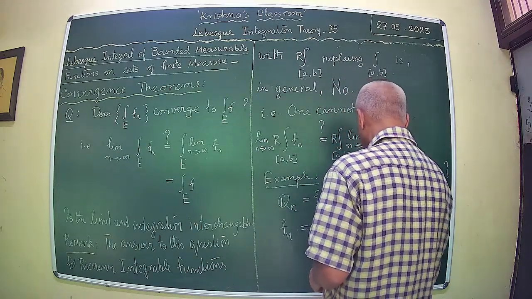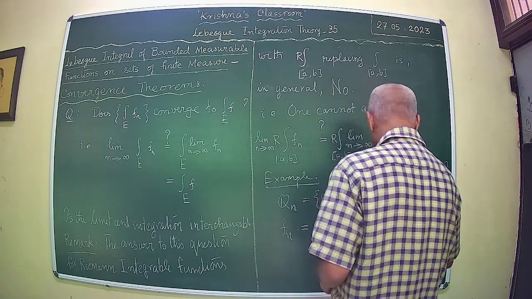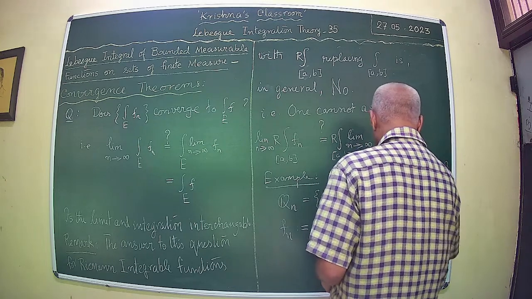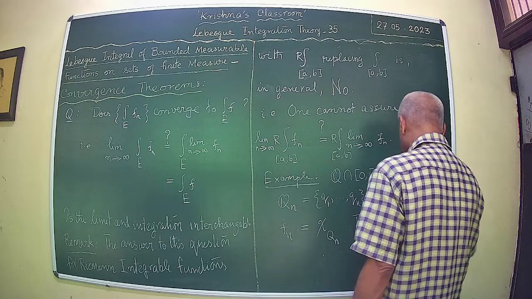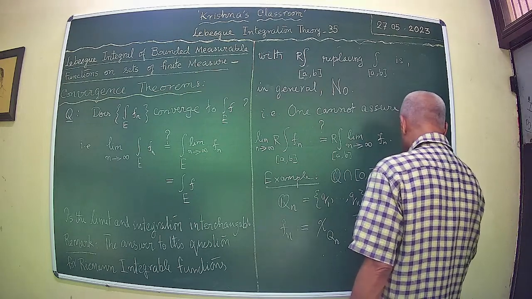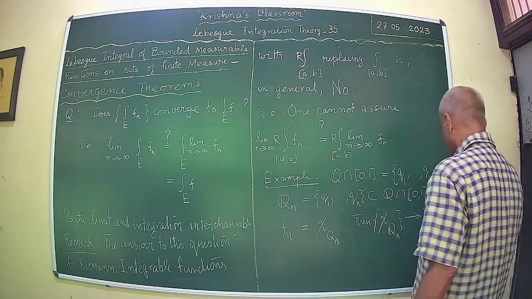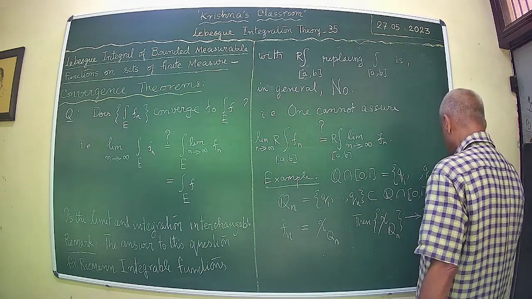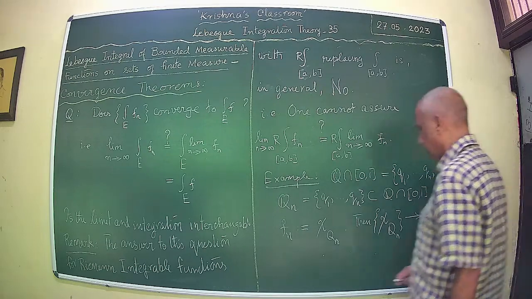Then chi Qn converges to the characteristic function of the rationals pointwise.